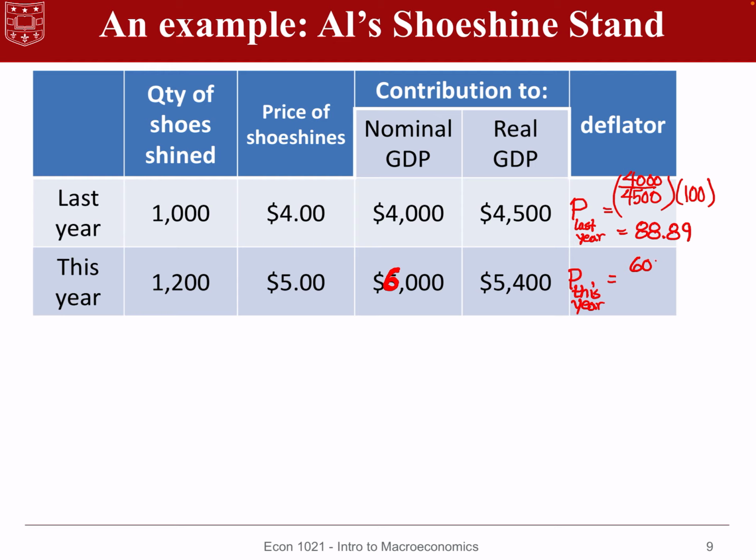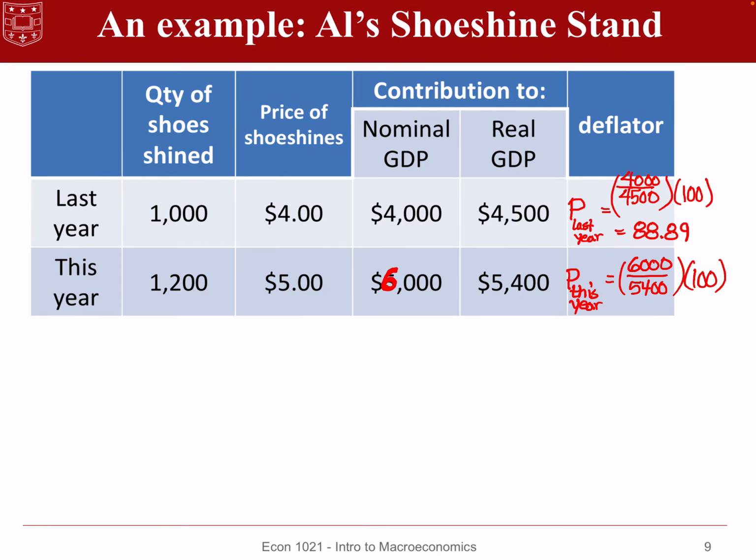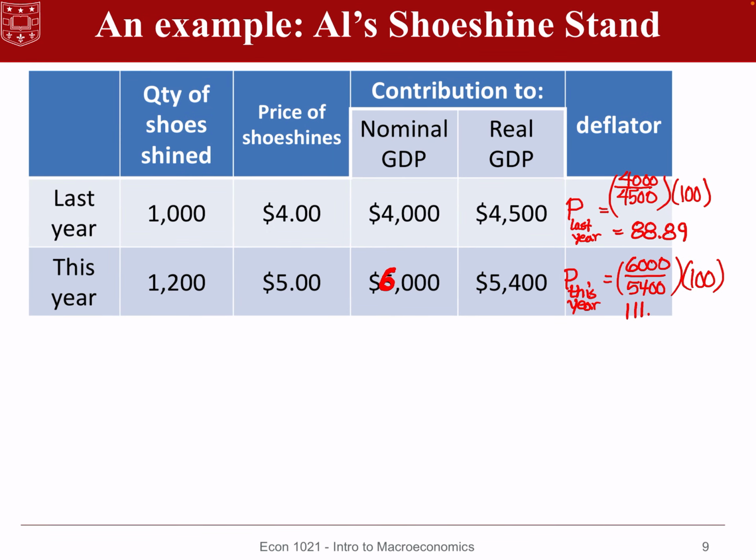So this is 6,000 divided by 5,400, again multiplied by 100. And what we would get is the measure of the deflator for Al's shoeshine stand example as 111.11. And then what is the implied rate of inflation?